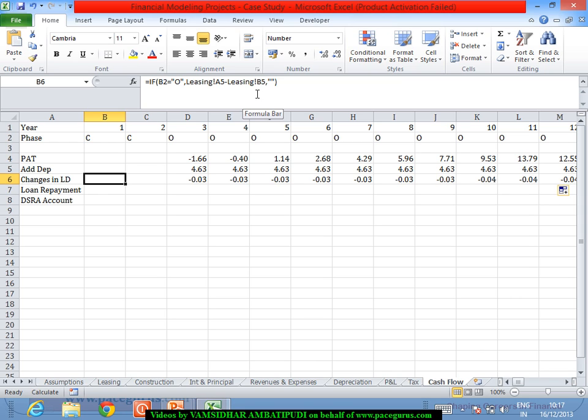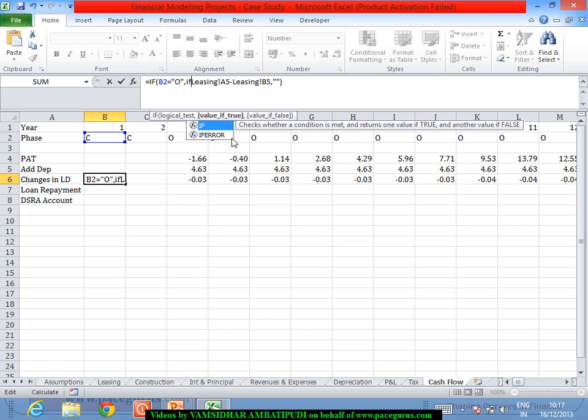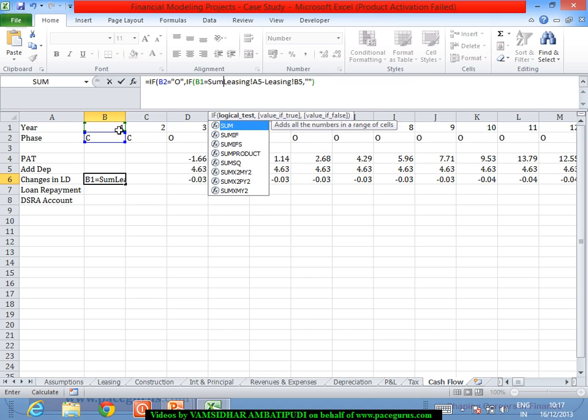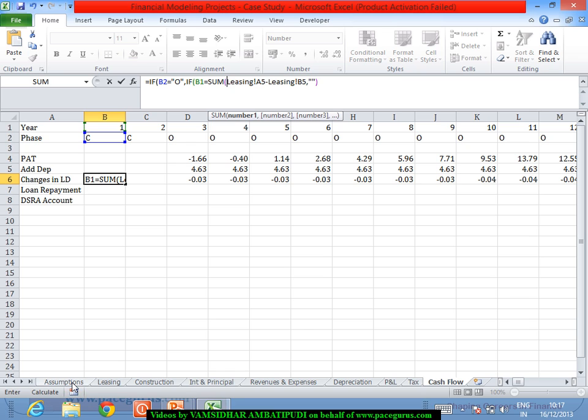Only in the last year, right? So here I would put one more rule saying if this year is equal to, if it is the last year, how do I take out the last year? That is where the lease amount will come back to me.